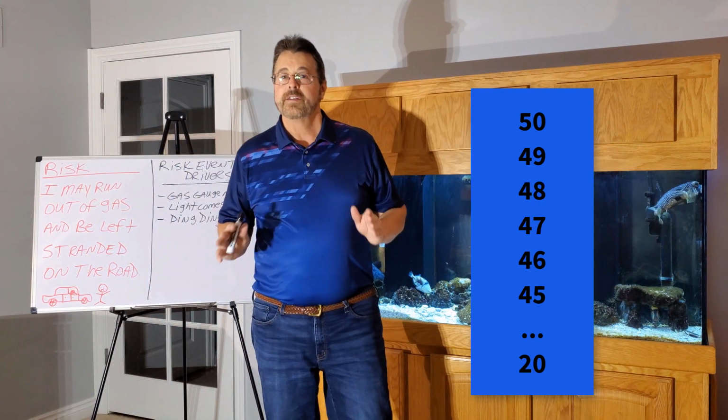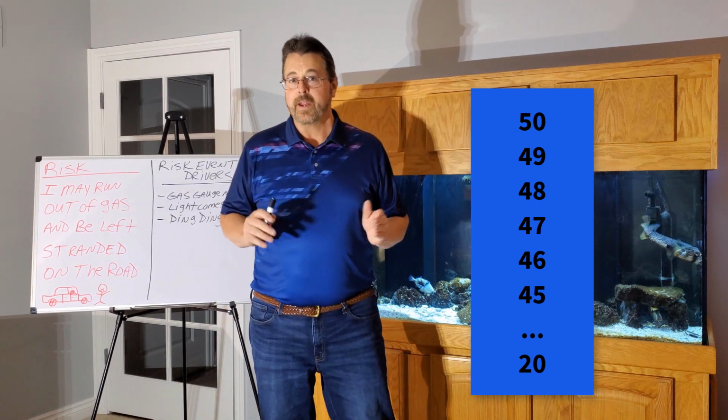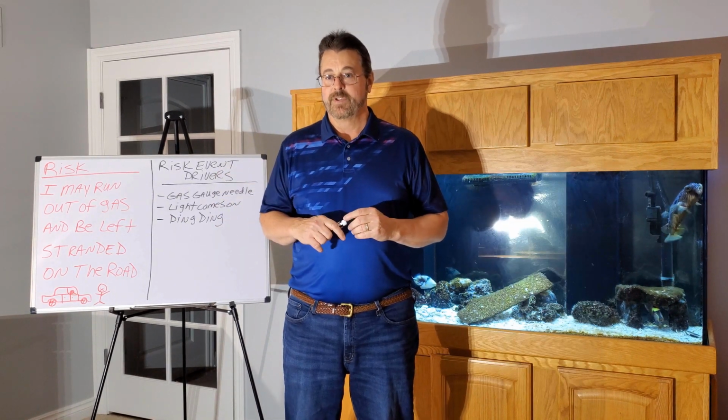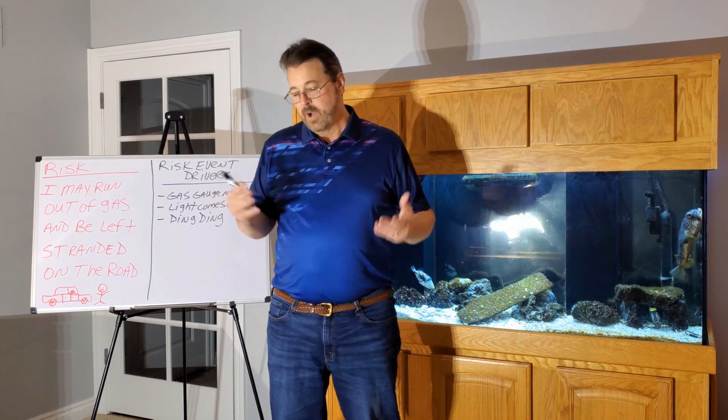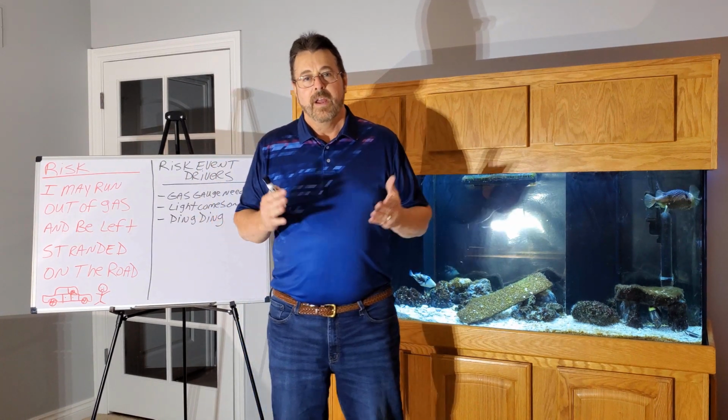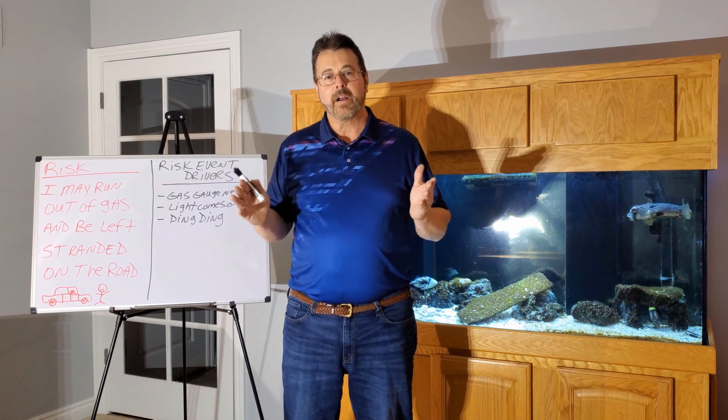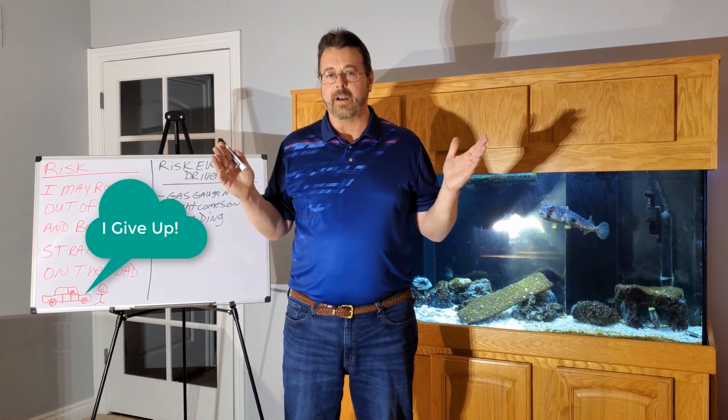Depending on the car, some cars after 20, they stop counting. So you don't get a count to 19, 18, 17. Other cars will count down a little further, but at some point, the car gives up. It stops counting for you.